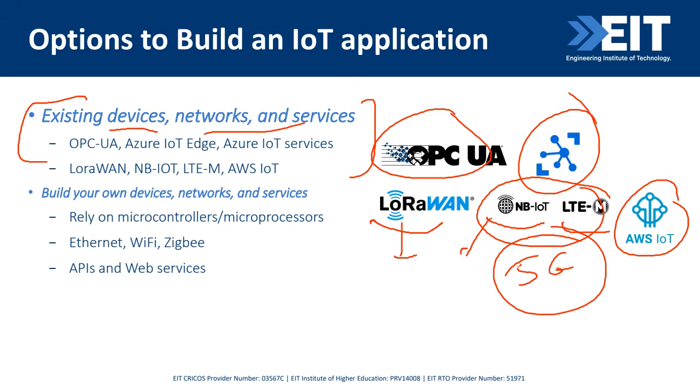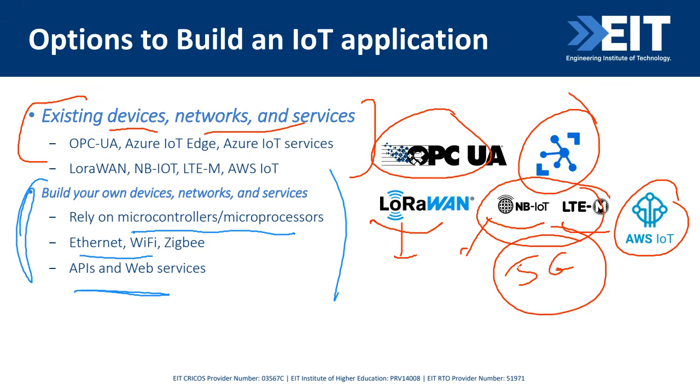The other alternative or option is when you build your own devices, your own networks, and your own service. You rely on what already exists. You rely on some microcontroller and microprocessor, on things that are available to you. You can use LoRaWAN and the like, or LTE-M or 5G, or you can use also things like Ethernet, Wi-Fi, Zigbee, Bluetooth.